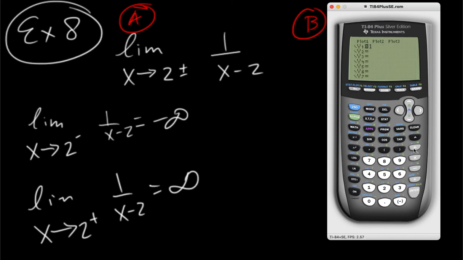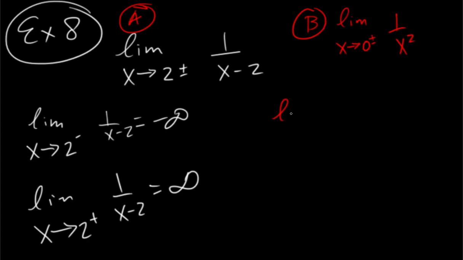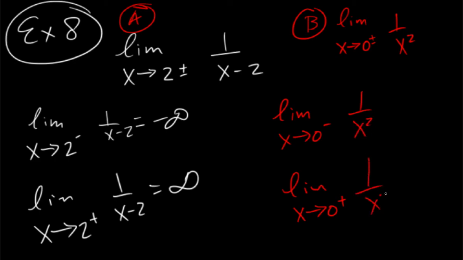We're going to do 1 divided by x squared. Okay, it kind of goes up like that. And so we set up these limits. Limit as x approaches 0 from the negative side, limit as x approaches 0 from the positive side, of 1 over x squared.